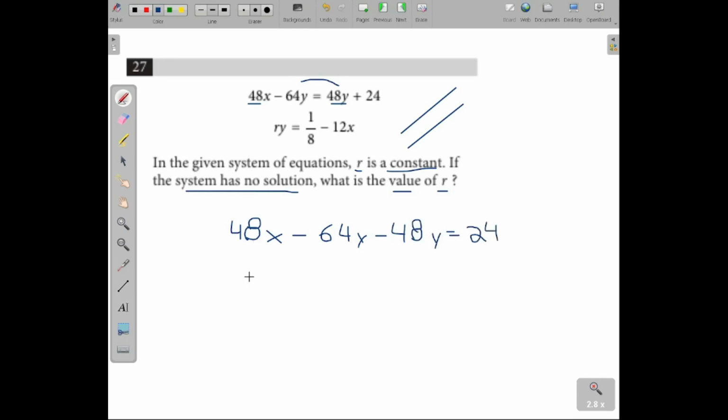Now let's add these terms. 48x minus 64 minus 48 is 112y, equal to 24.